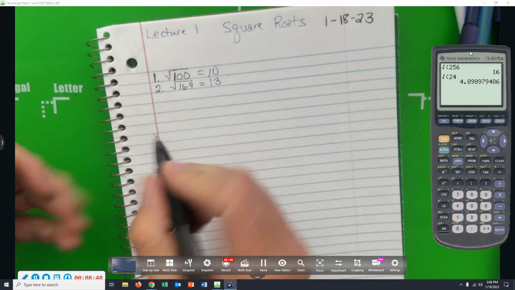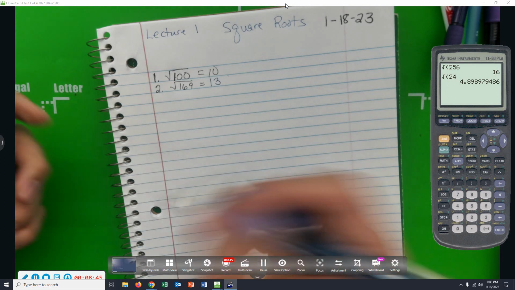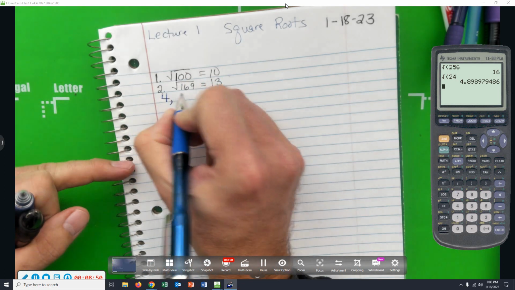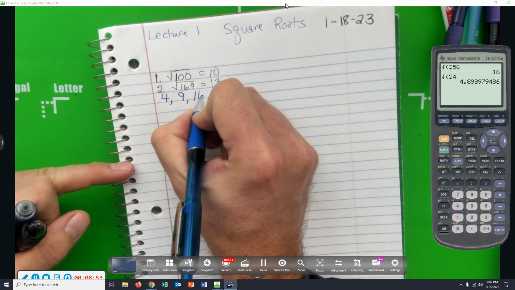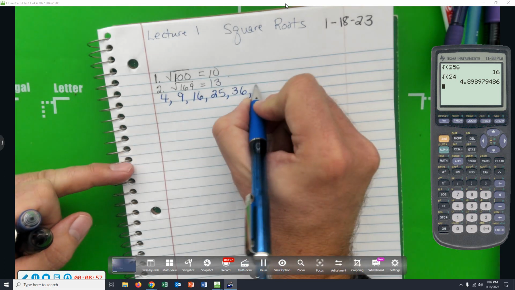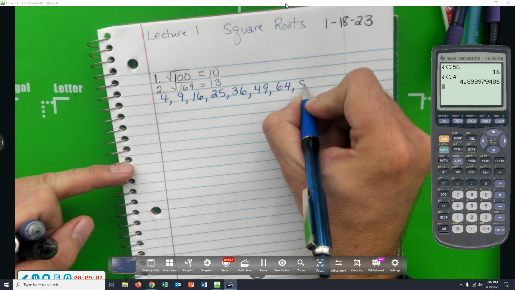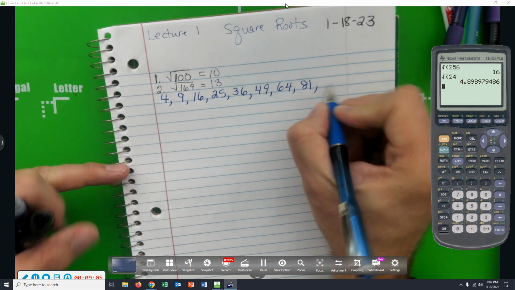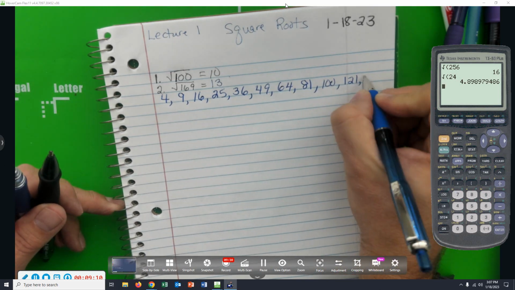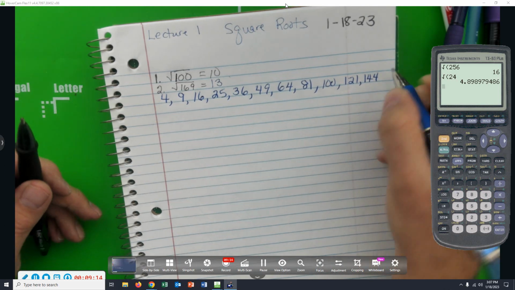let's write out the perfect squares. What are the perfect squares? Well, there are infinitely many. I'm assuming you mean like the first 15. Yeah. 2 times 2, 9, 16, 25, 5 squared, 36, 49, 64, 8 squared, 81, 100, 10 squared, 144. 12 times 12, 144.